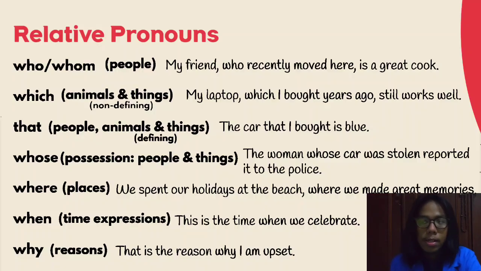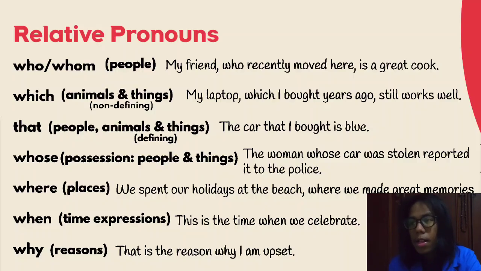My friend is a person, so we use who. Next, which is used for animals and things. In the example, my laptop, which I bought years ago, still works well. The laptop is a thing, so we use which.